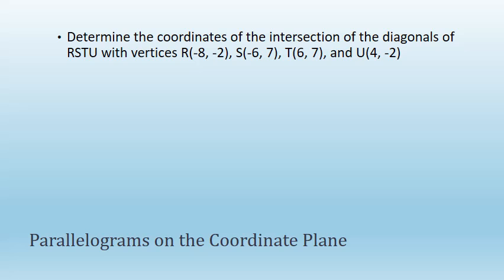All right, since I know now that R and T were opposite vertices, and S and U were opposite vertices, I can use that to find the intersection of the two diagonals. If I'm going to use R and T first, I'm going to take -8, which is that x value, plus 6, which is that x value for T, over 2.